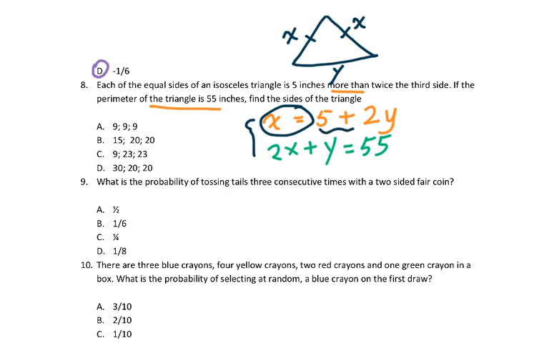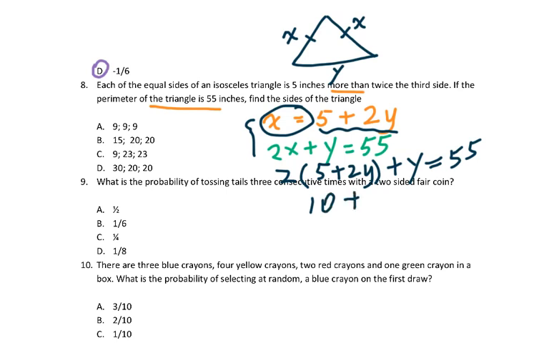Plug 5 plus 2y into this x. I will get 2 times (5 plus 2y), then plus y equals 55. Distributive property will be 10 plus 4y plus y equals 55.